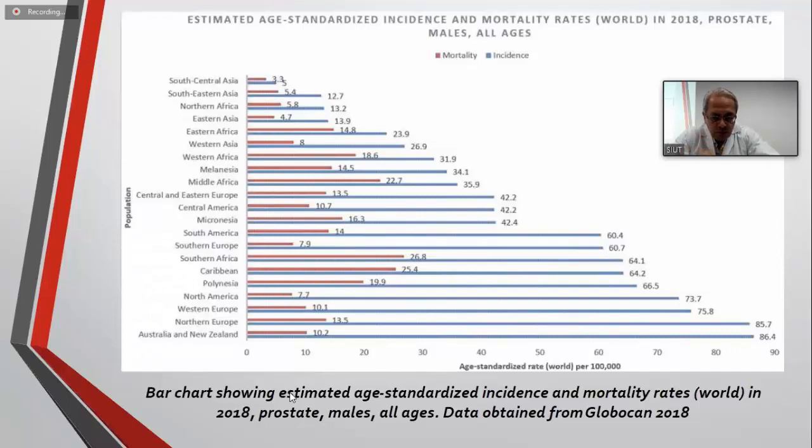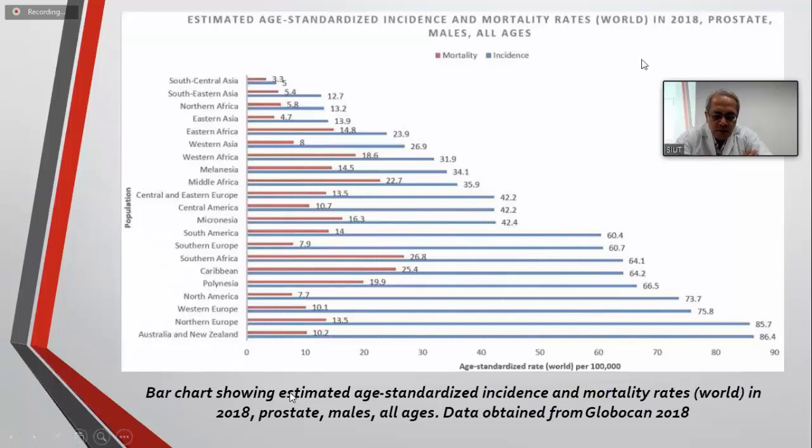For everybody to see, in this slide are two things. One is the incidence of prostate cancer, and the other is at which age this prostate cancer is actually occurring. There is a very wide difference between the incidence rate of prostate cancer in the West as compared to Africa and Asia.